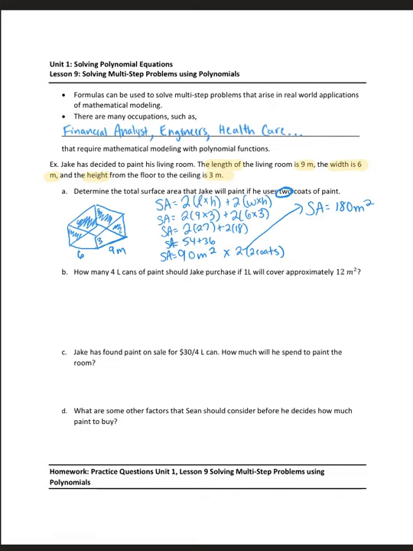Okay, so we know that 1 liter will cover 12 meters squared. So we can set that equal to another ratio, right? We need to figure out how many liters we need to cover 180 meters squared. We could set that up as a proportion. So we could cross multiply.